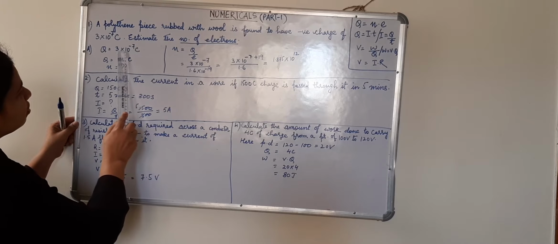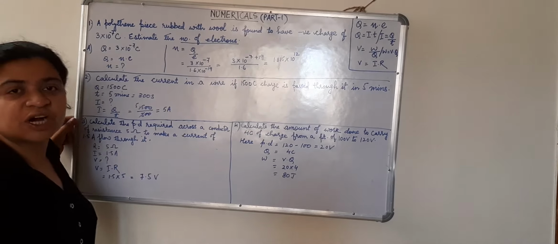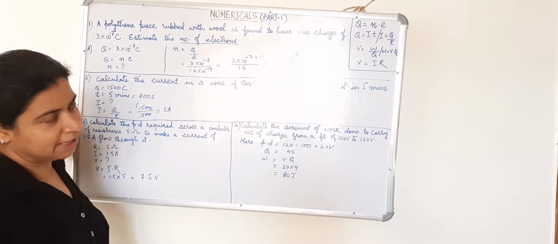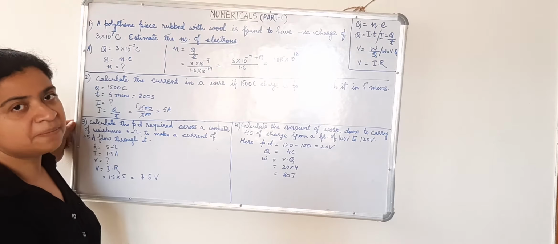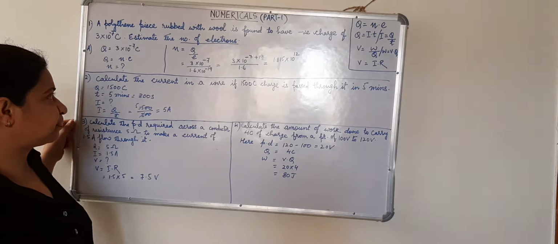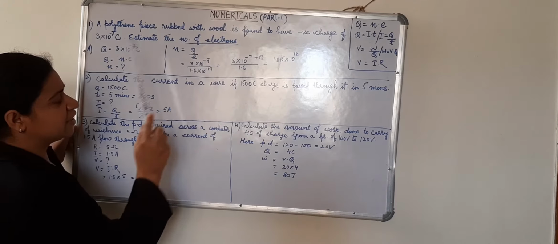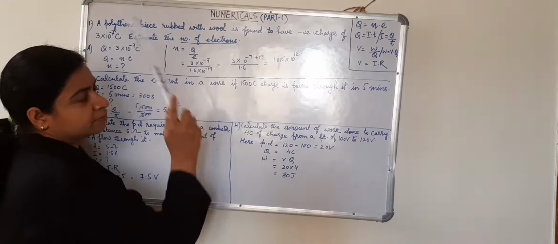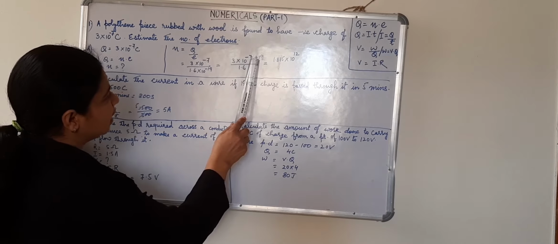We know Q is equal to 3 into 10 raised to the power minus 7 coulomb, and e is the charge on one electron. Children, this you need to learn by heart. Charge on one electron is equal to 1.6 into 10 raised to the power minus 19 coulomb. When I divide it, I take this 10 raised to the power minus 19 up, so 3 into 10 raised to the power minus 7.